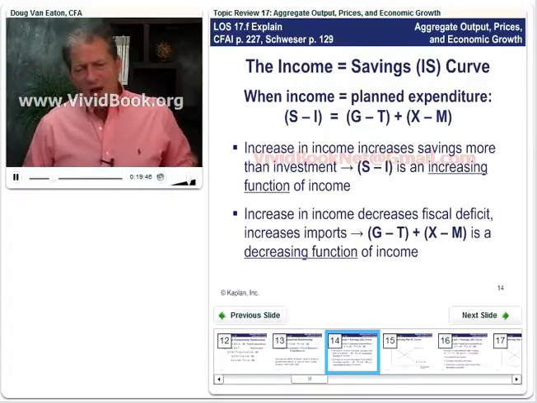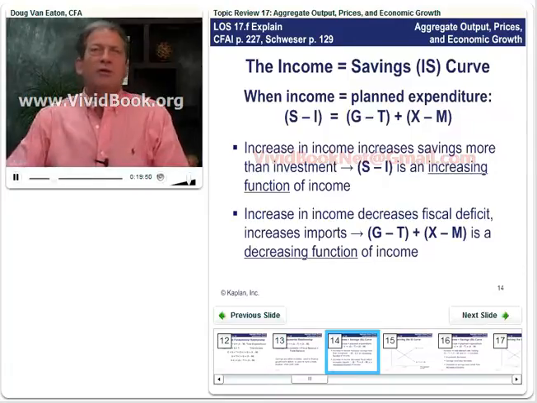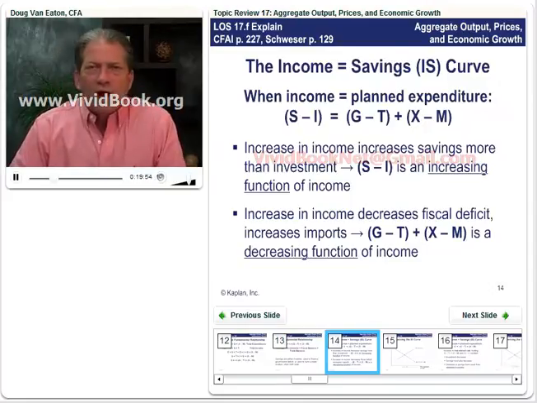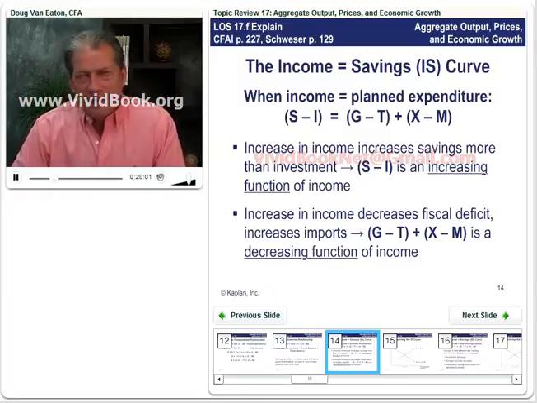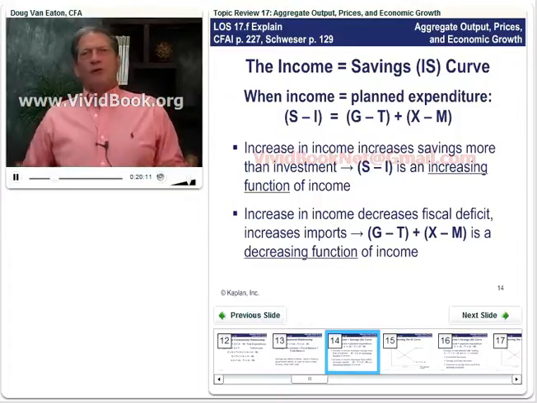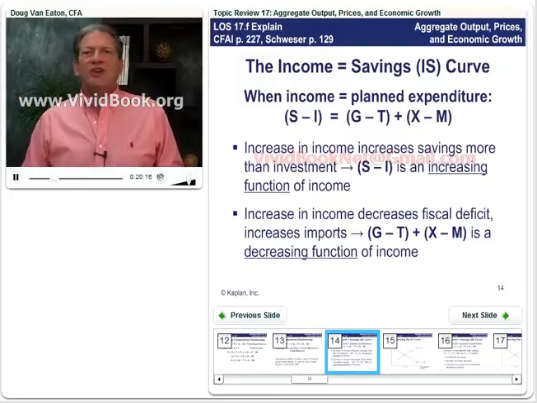Okay, so now we get to something, you see this IS curve, and this is probably the toughest part of the material in this reading. But as far as what's required by the learning outcome statement, we really need to just know, for purposes of the exam, how this IS curve and these LM curves create an aggregate demand curve. That's what we're after. So the overall point of view here is that this IS curve is equilibrium in the goods market.